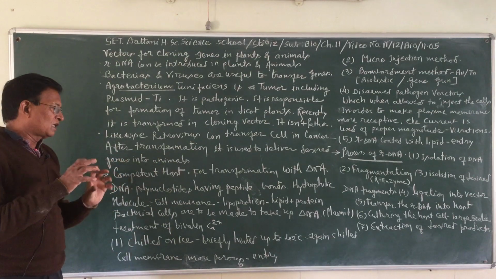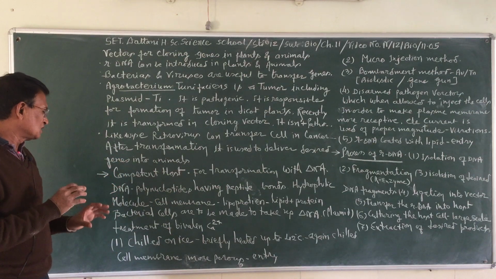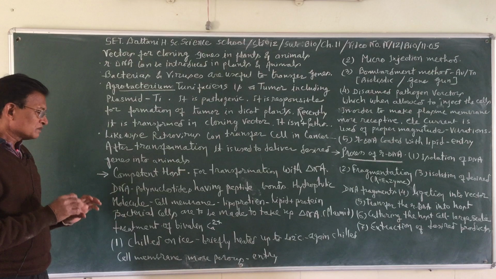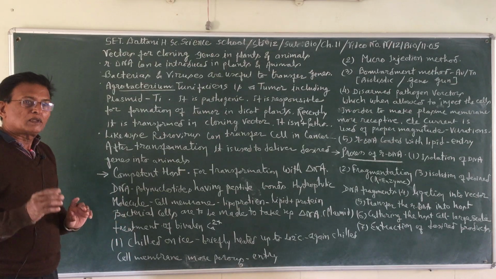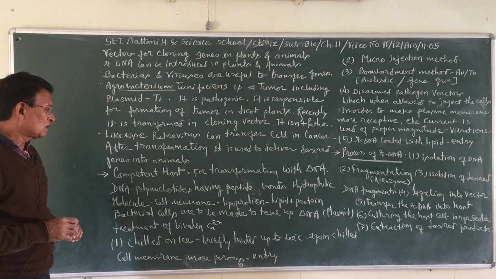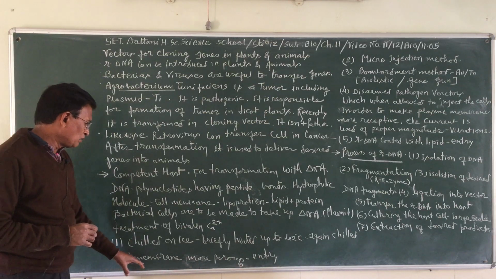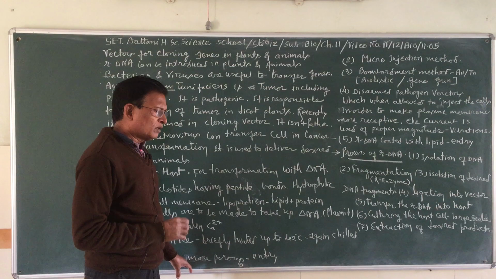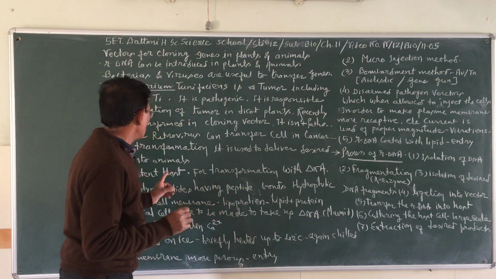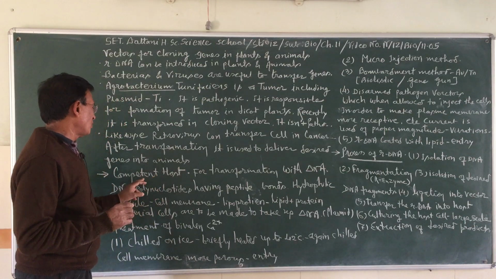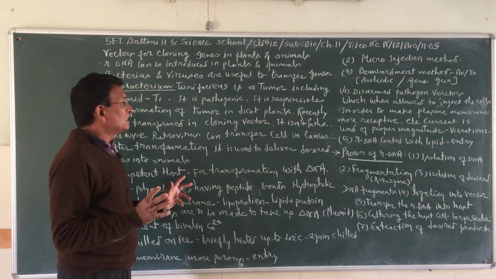By this method of contraction and expansion, we can allow the DNA strands to enter for cloning. Now, the cell membrane becomes more porous, and so the competent host is made this way.